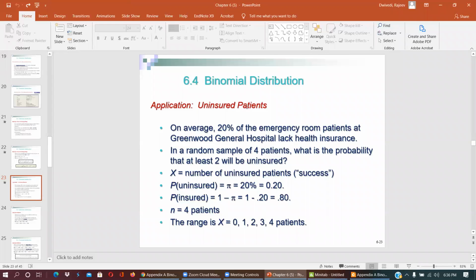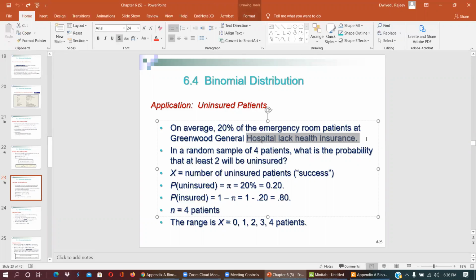For example, in America 5% of people are uninsured, or many statistics that you get from the National Statistics Institute or government data. Based on this, 20% of emergency room patients lack health insurance.